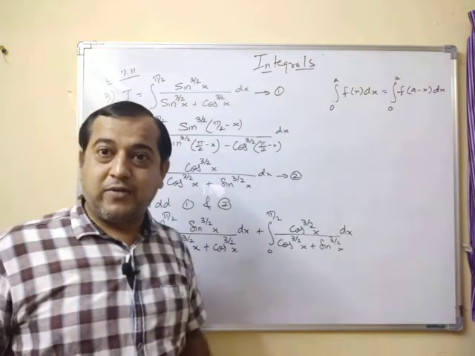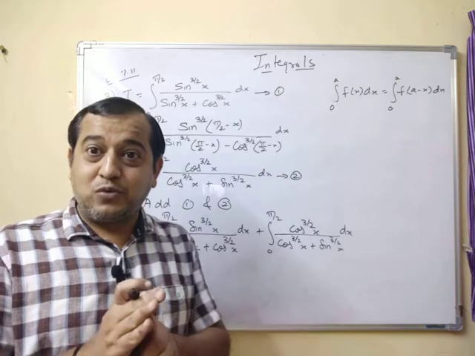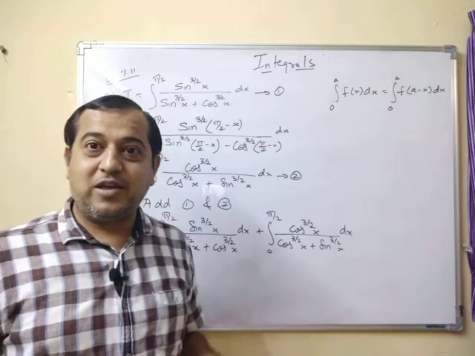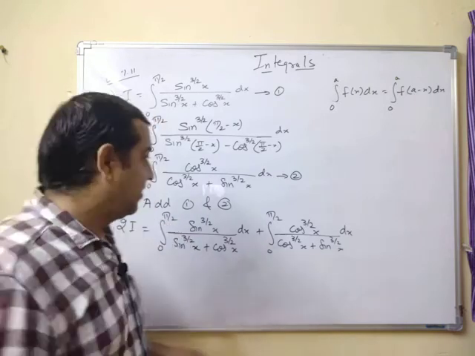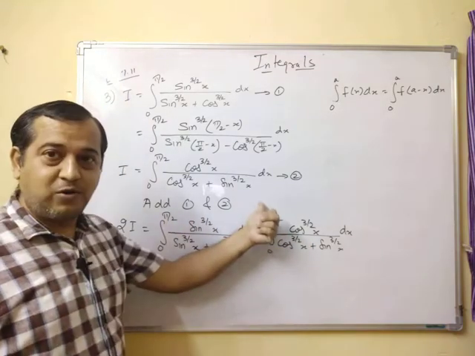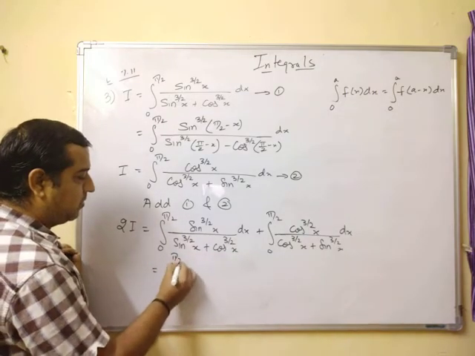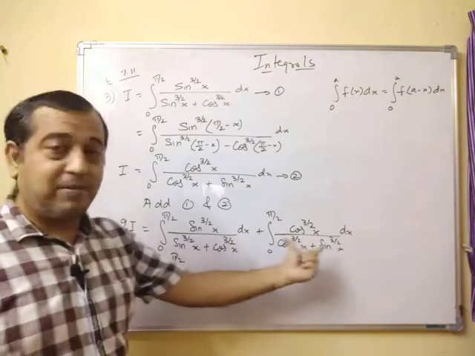Now till now what we have seen, we used to split the terms, we used to separate the integrals. Okay, now in this case we will do the reverse thing. We will combine them. You can see integral from 0 to pi by 2, integral from 0 to pi by 2. Okay, so this gives you integral from 0 to pi by 2. You will add this term and this term.